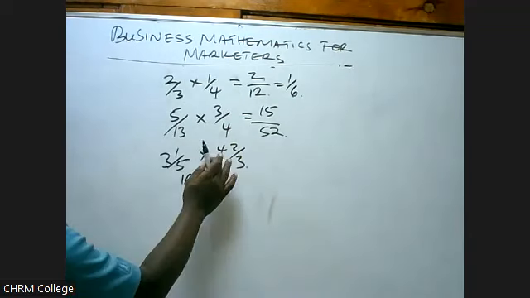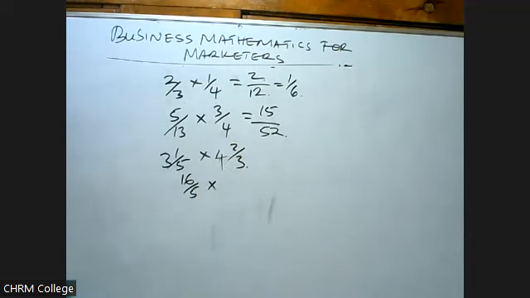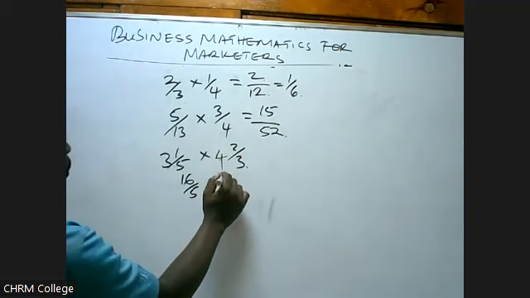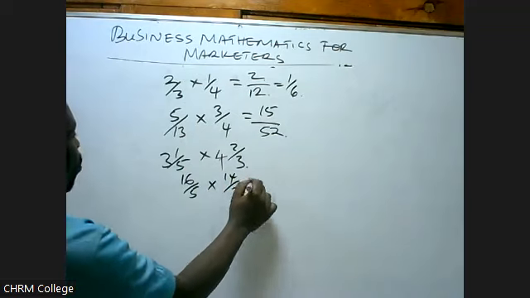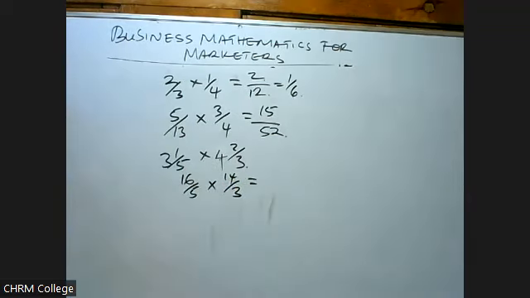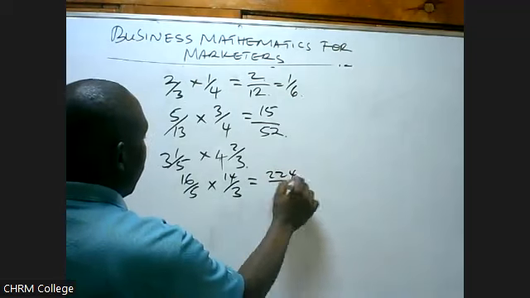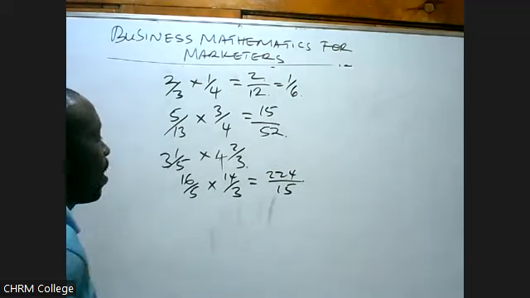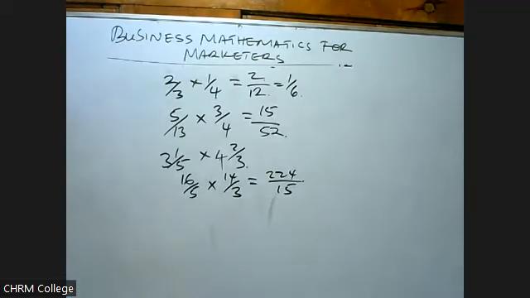Times 4 and 2 over 3: 4 times 3, 12. 12 plus 2, 14 over 3. Then you can go ahead now and multiply 16 times 14. You get 224 divided by 15. Then you can change that into a mixed number.